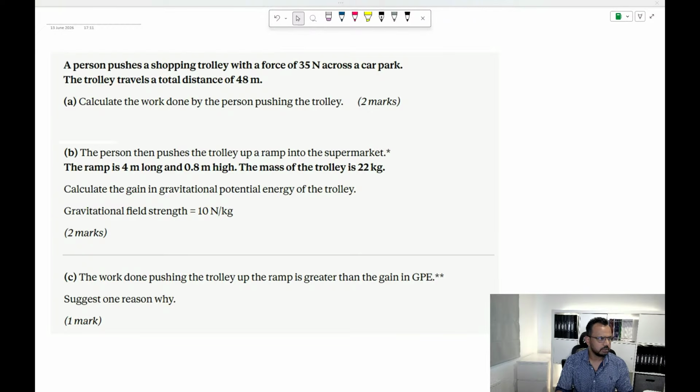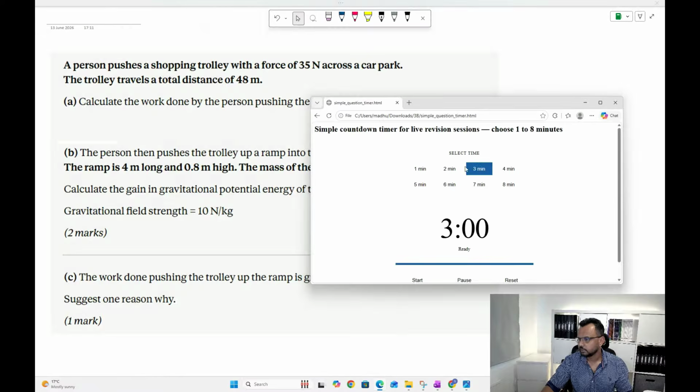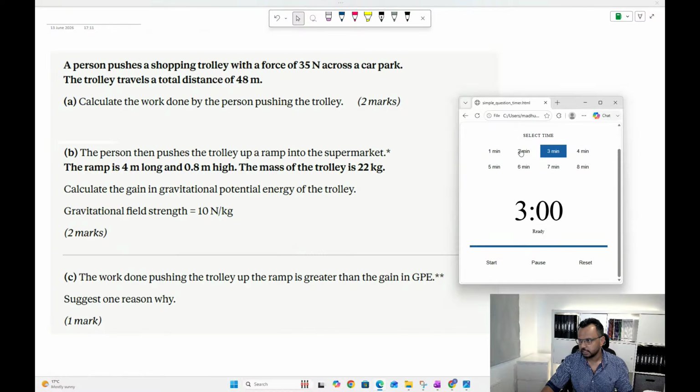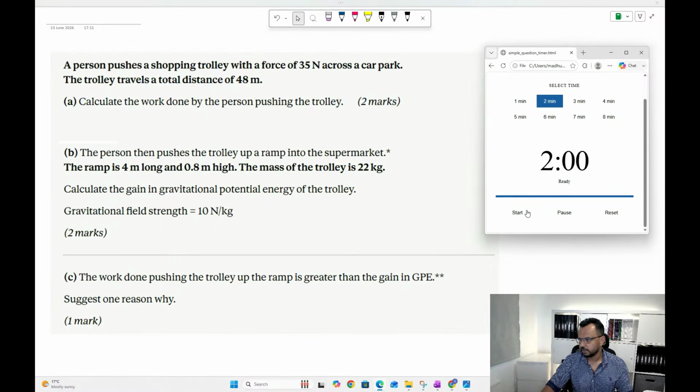Guys, please make a start on this question now. Let's start with 2 minutes.